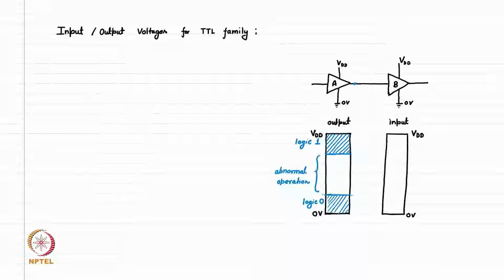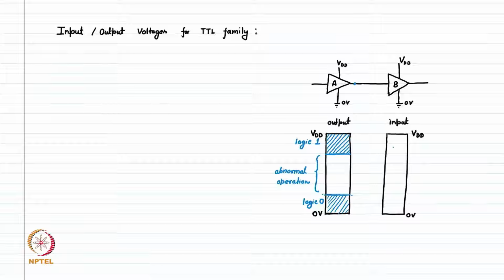Now, this logic 1 and this logic 0 need to be perfectly detected by the gate B. Gate B has its own voltage range from 0 to VDD.